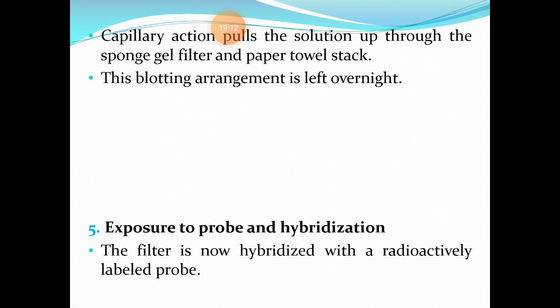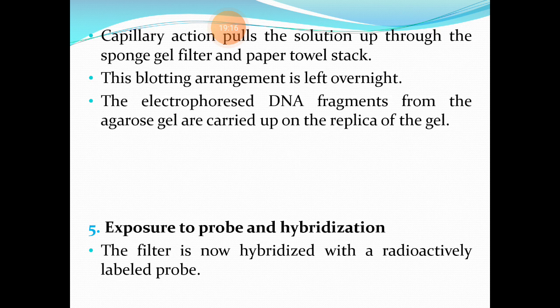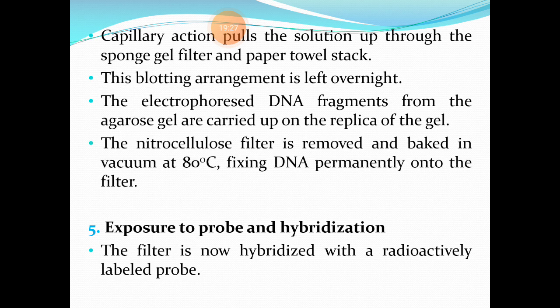This blotting arrangement is simply left overnight in the laboratory. The electrophoresed DNA fragments from the agarose gel are carried up onto the filter as a replica of the gel. The nitrocellulose filter is removed and baked in vacuum at 80 degrees Celsius, fixing the DNA permanently onto the filter.